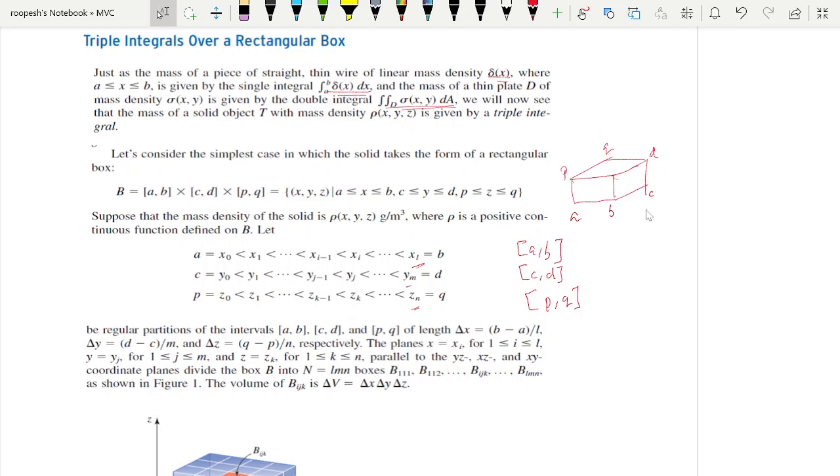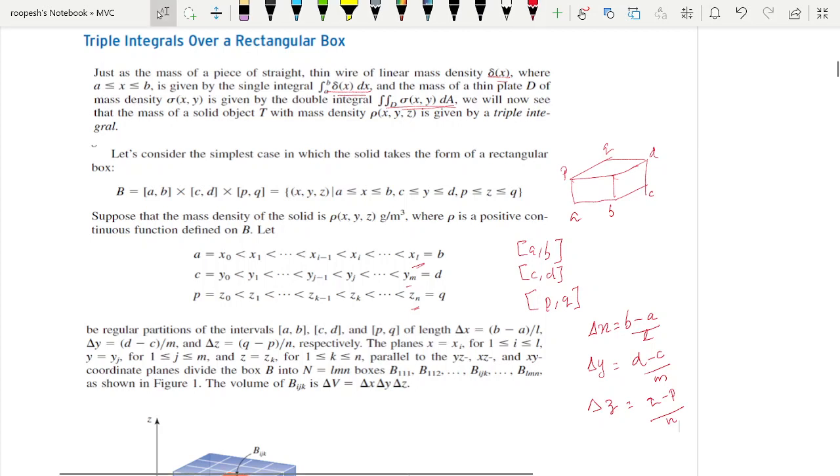Now each has a length. First one is delta x equal to b minus a by L, and delta y is equal to d minus c by m, and delta z is of the type q minus p by n, right?